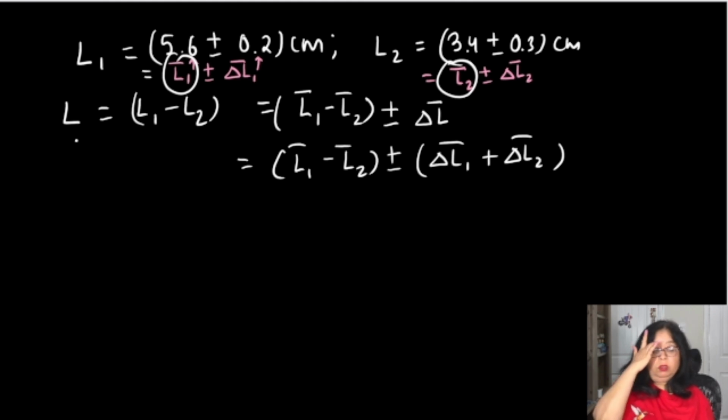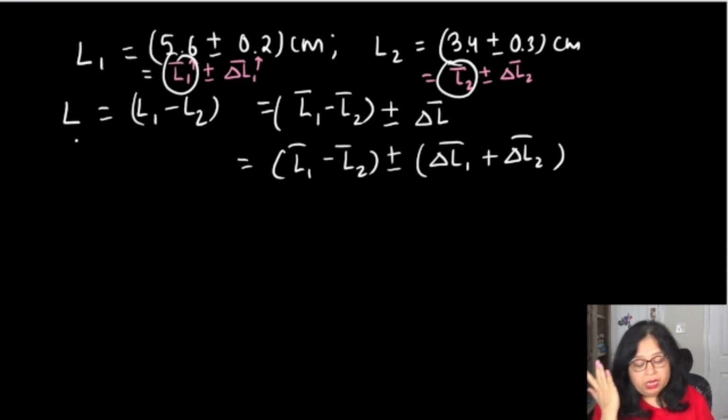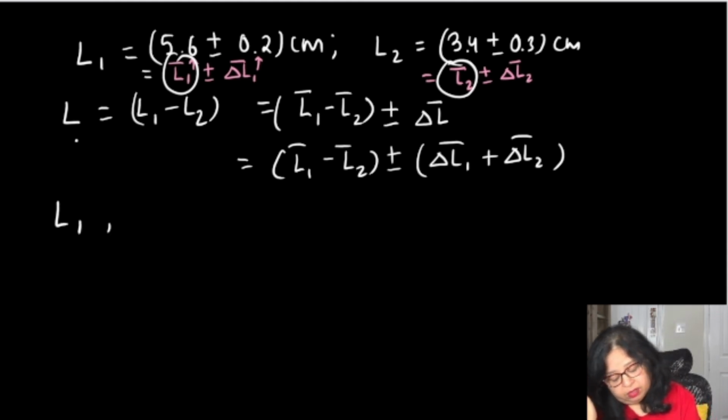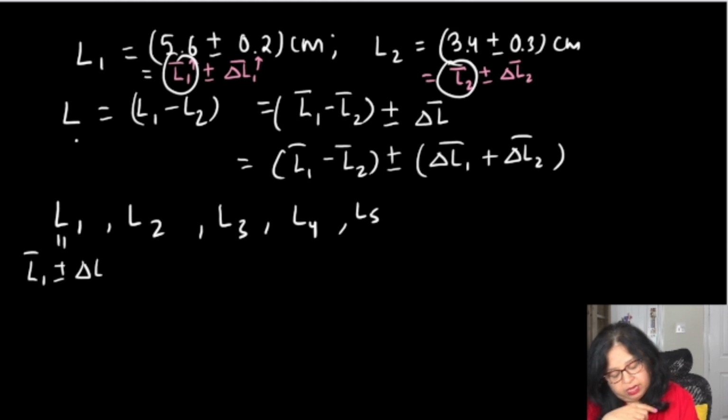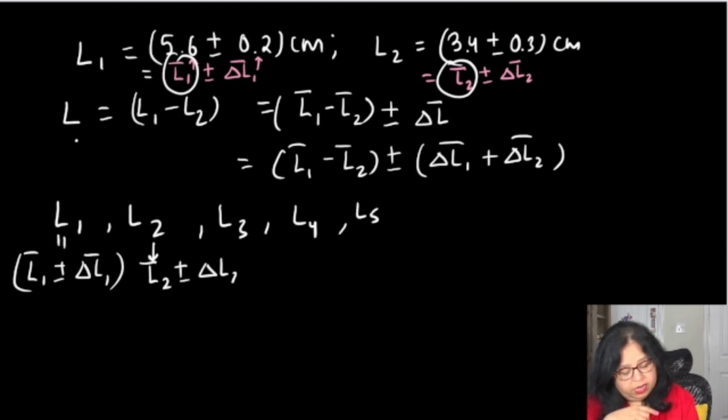Fairly easy. So that means if you had 5 L's, where L1 is equal to L1 bar plus minus delta L1 bar, L2 is L2 bar plus minus delta L2 bar, and so on, right?